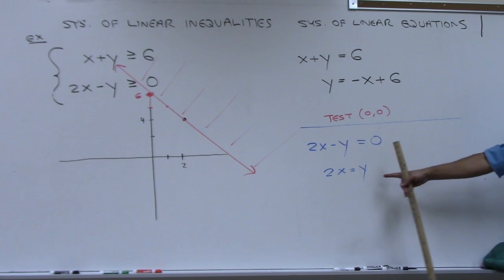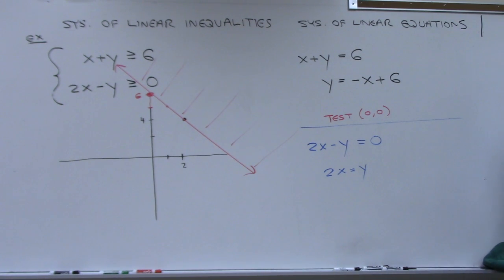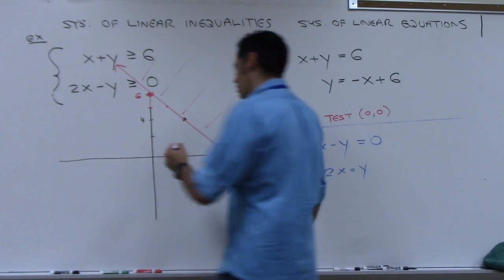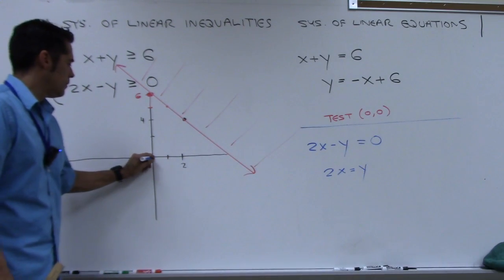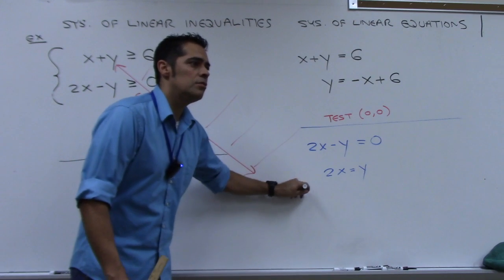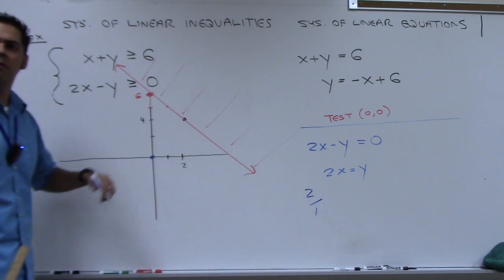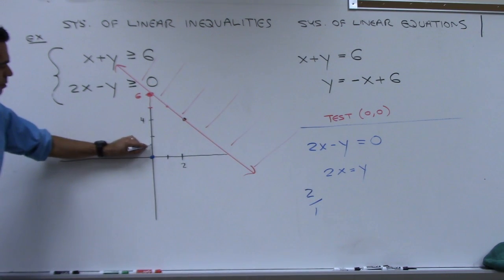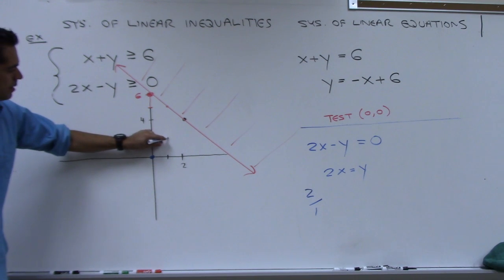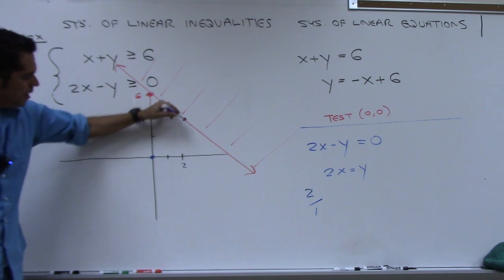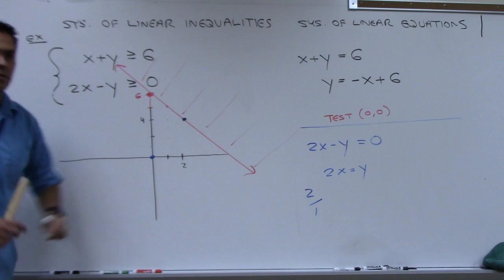Where's the y-intercept of this line? 0, right? So from that point 0, I'm going to go where? Using a slope of 2 over 1, so up 2, over 1, up 2, over 1 again. I hit that point. Good. That's a good sign.